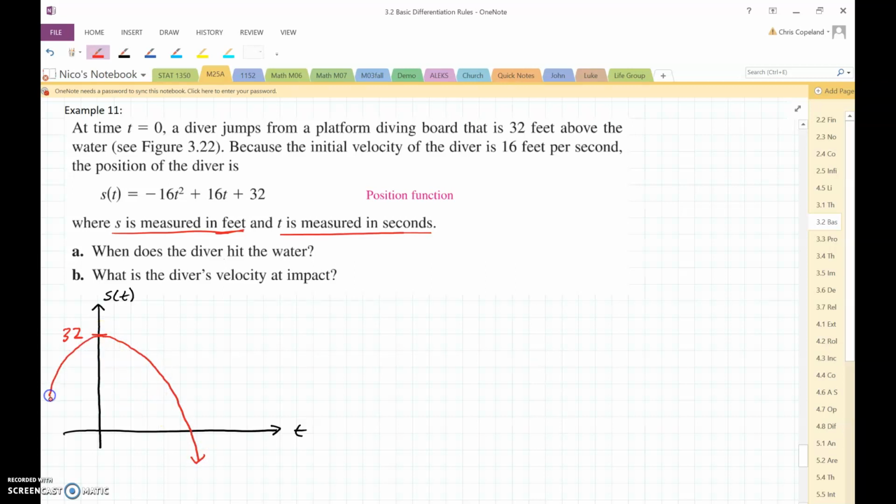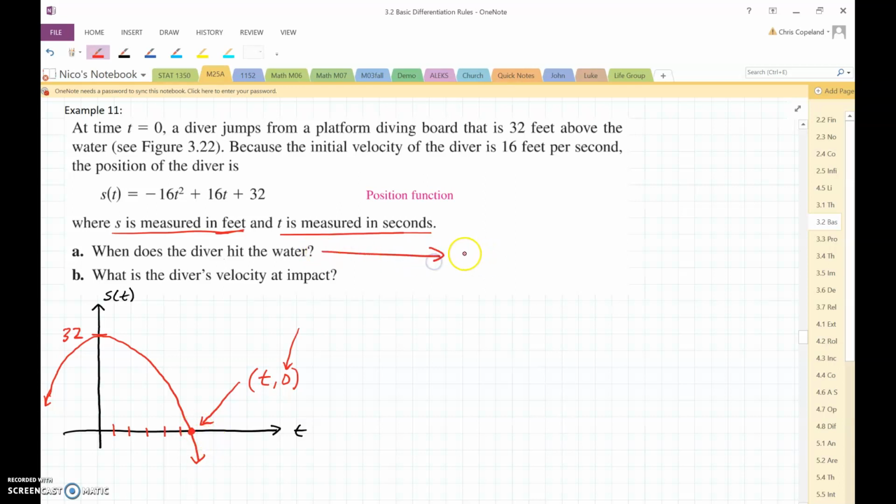Technically, the parabola would go this way as well, but time is going this way. We're not going to go back into time. Okay, so when does the diver hit the water? So the water would be at this point here, because at this point here, it would be t comma 0, where 0 means 0 feet off the ground, or when it hits the water.